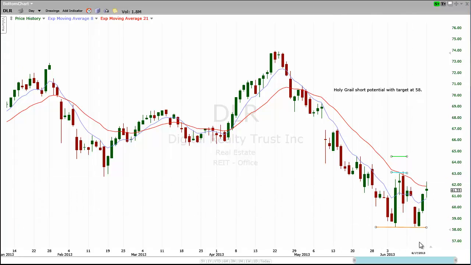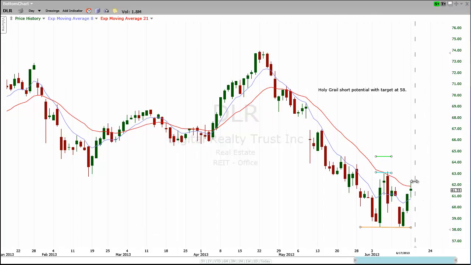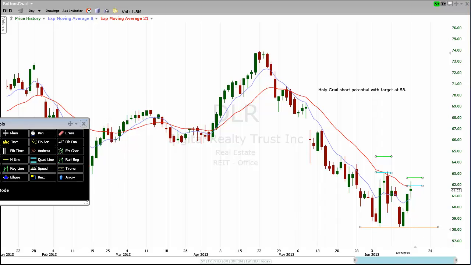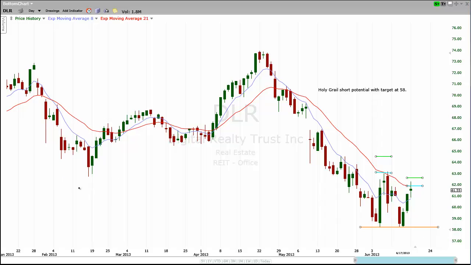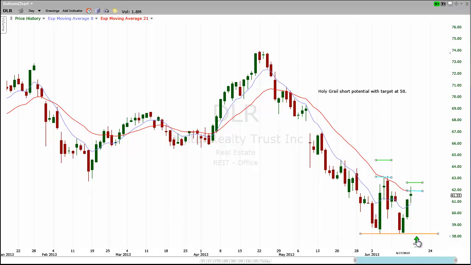But this might be an opportunity to get in short, another short somewhere here with maybe a cover above there, same target, and potentially a breakout below that target as well. So let me make this red since this is a short.